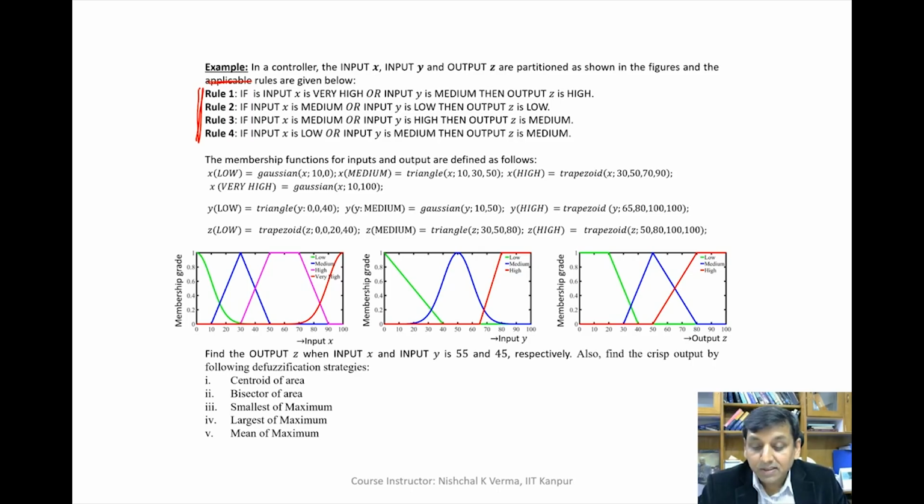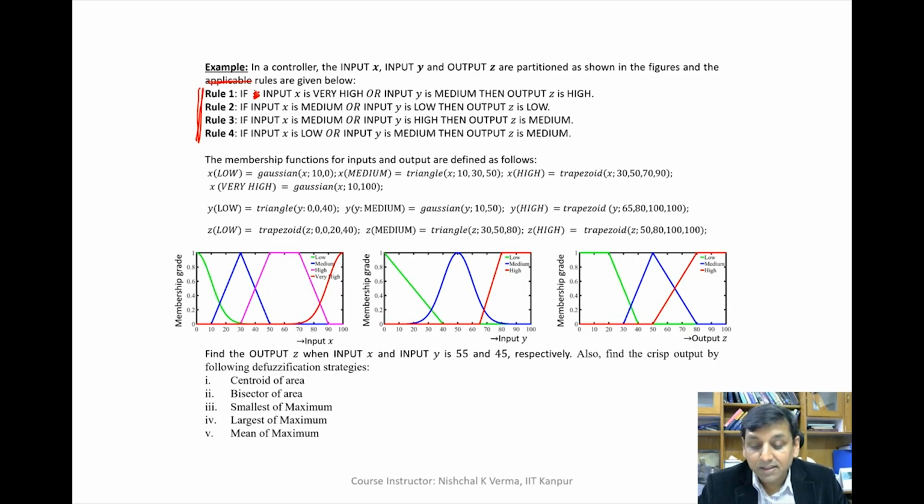So rule number 1 says that if input X is very high or input Y is medium, then output Z is high. Similarly, rule 2 says that if input X is medium or input Y is low, then output Z is low.